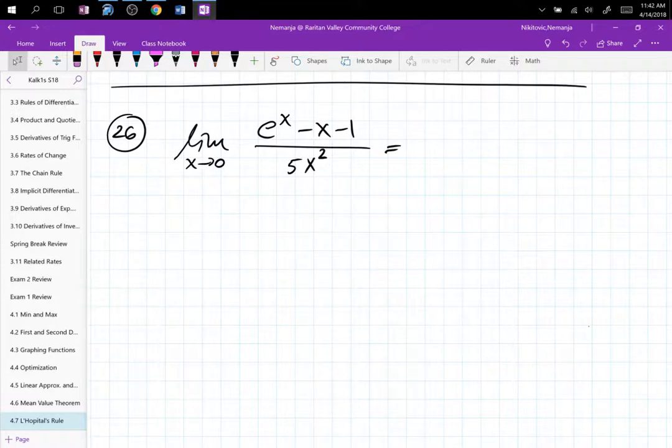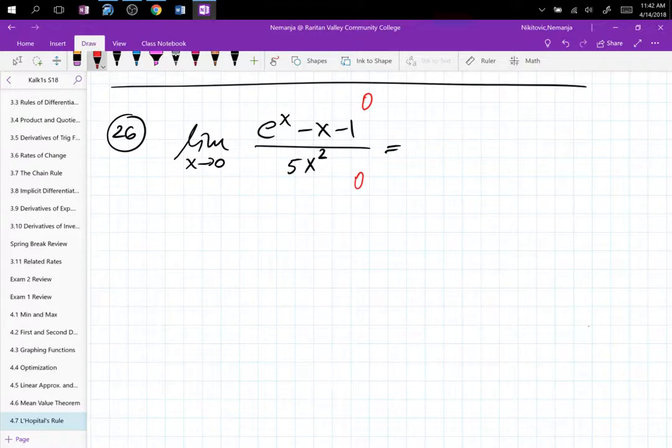Okay, let's take a look at the problem together. So, plug in 0. When we plug in 0, e to the 0 is 1, and then 1 minus 1 is 0. So the numerator works out to be 0. When I plug in 0 in the denominator, it works out to be 0.